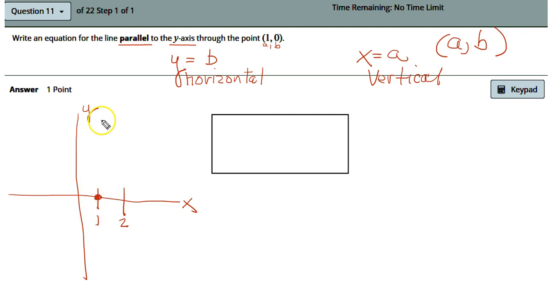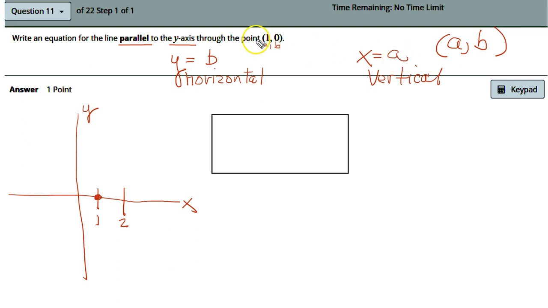Now, what would be the equation of a line parallel to the y-axis? Is it going to be a horizontal line, which follows this formula, y equals b, or a vertical line, which follows this formula, x equals a? Well, we want a line parallel, so it's going to be vertical, so it's going to be this formula.